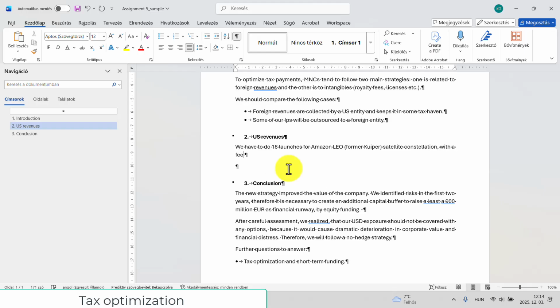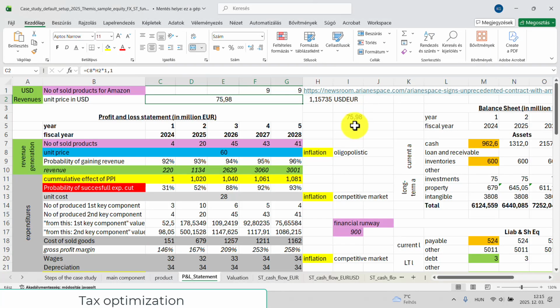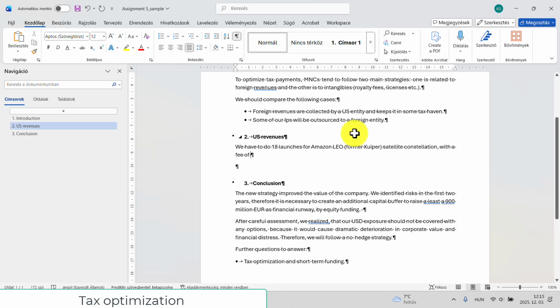With a fee of, how much is this? This is million, obviously. So in this case, let's create an entity.